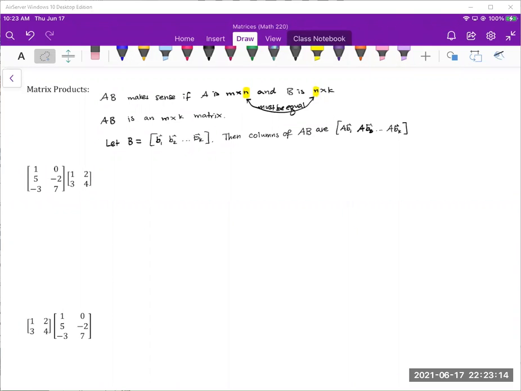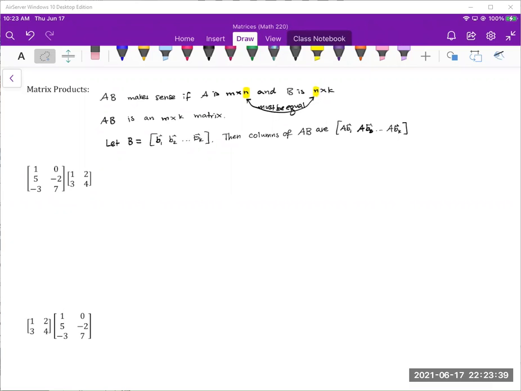This is the same condition as we have for matrix vector products. We have to have that the number of columns on the left is equal to the number of rows on the right. And the result is going to have the number of rows of the matrix on the left, and the number of columns of the right matrix.